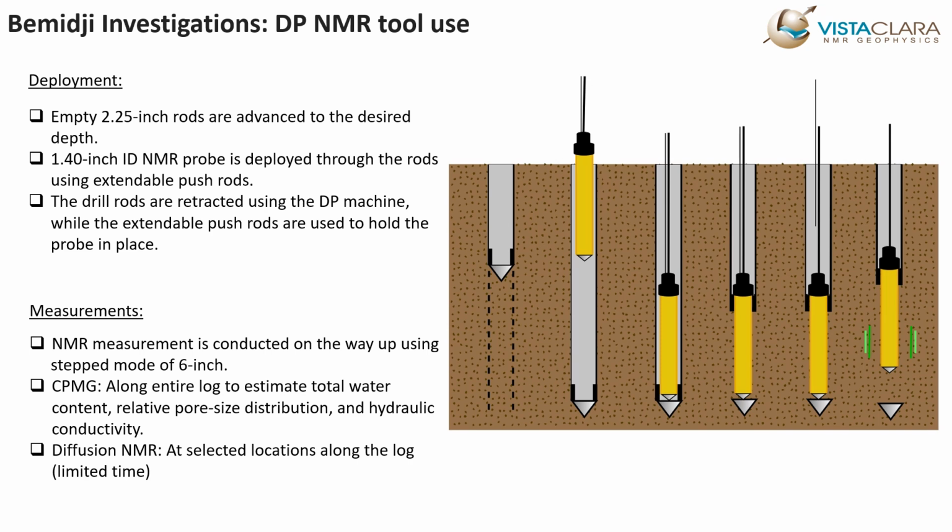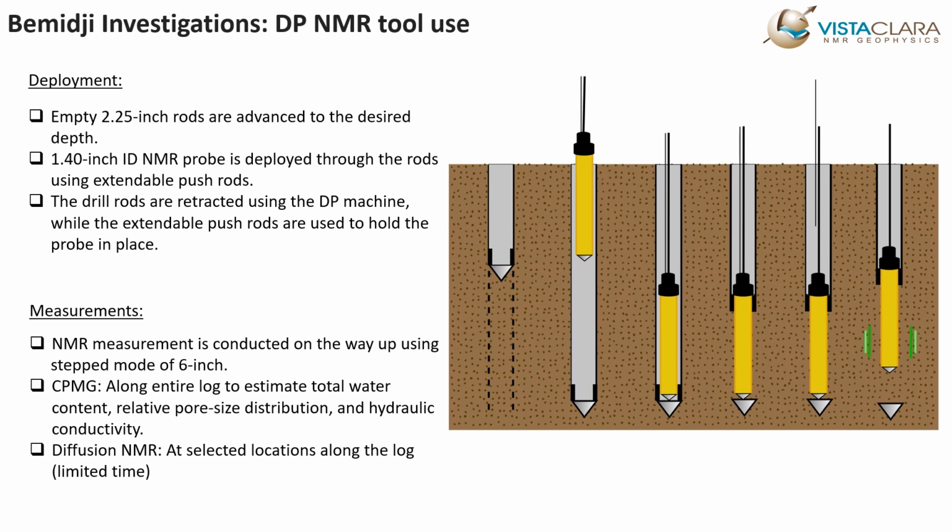After we did that, the drill rods are retracted using the direct push rig, and we use the extendable push rods to hold the probe in place. Once the probe is deployed, the NMR measurements are conducted on the way up using step mode, and the vertical resolution of this probe is 6 inches.